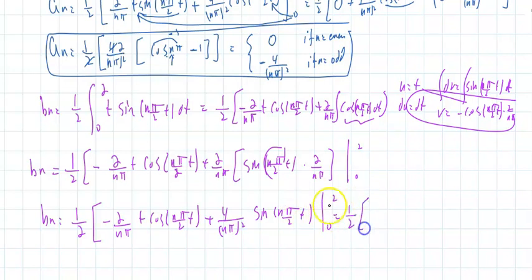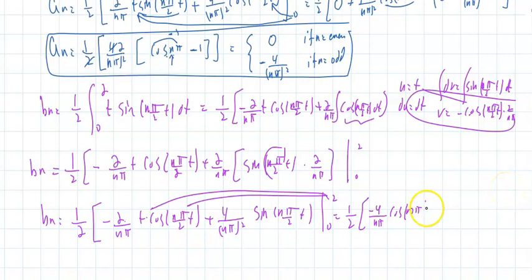That is 1/2 times, put the 2 in. 2 times 2 is a 4. The cosine, if you put a 2 there, the 2's cancel out. The cosine of n pi, plus, if you put the 2 there, the 2's cancel out, sine of n pi is 0, minus, if you put the 0 in, well, that's an automatic 0.